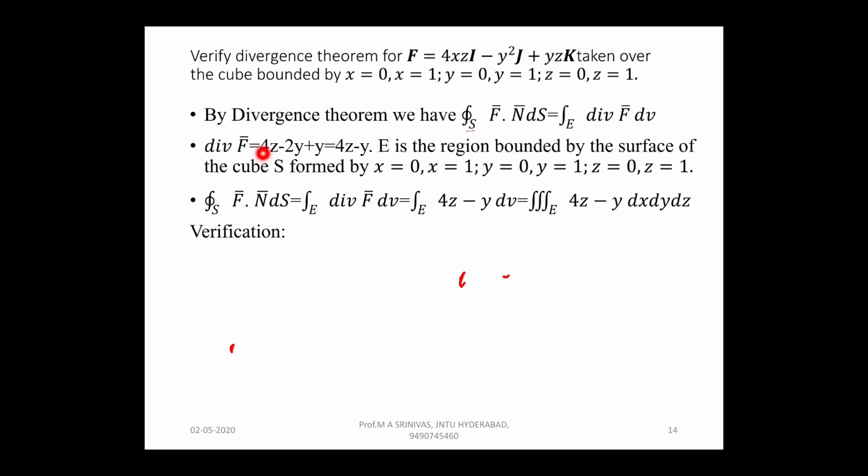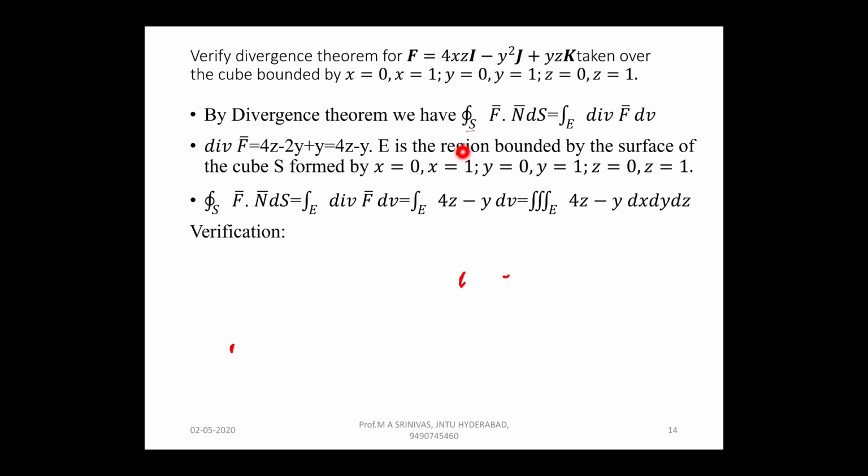Divergence of f bar is the sum of the partial derivatives of the three components with respect to x, y, z respectively. These are the three components, 4xz, minus y square, plus yz. The derivative of 4xz with respect to x is 4z. The derivative of minus y square with respect to y is minus 2y. The derivative of yz with respect to z is y. So 4z minus y is the divergence.